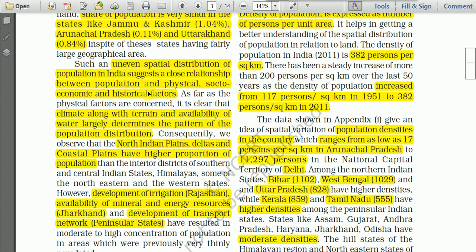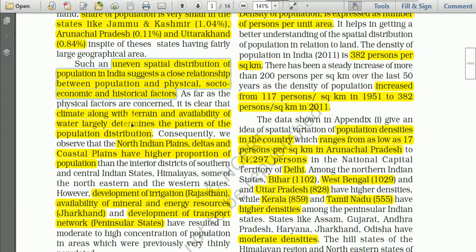Here it is mentioned: such an uneven spatial distribution of population in India suggests a close relationship between population and physical, socioeconomic and historical factors.